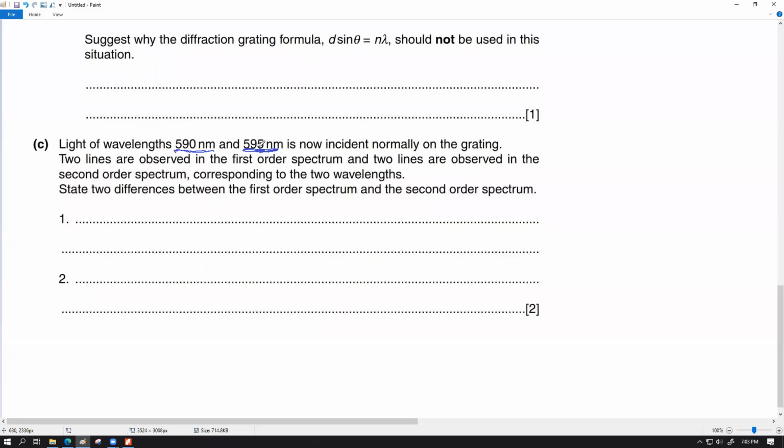Well, they are saying to state two differences between the first order spectrum and the second order spectrum. The first thing that I said is that the first order spectrum would be brighter compared to the second order spectrum. That's one of the differences, which is the easier one. What can you think of as a second difference? Try to think about a second difference without me giving you any hint.